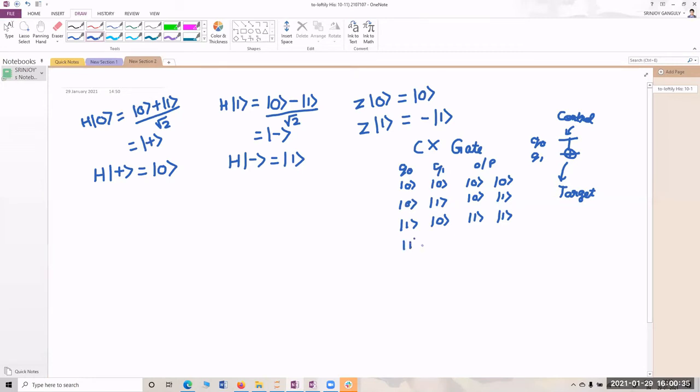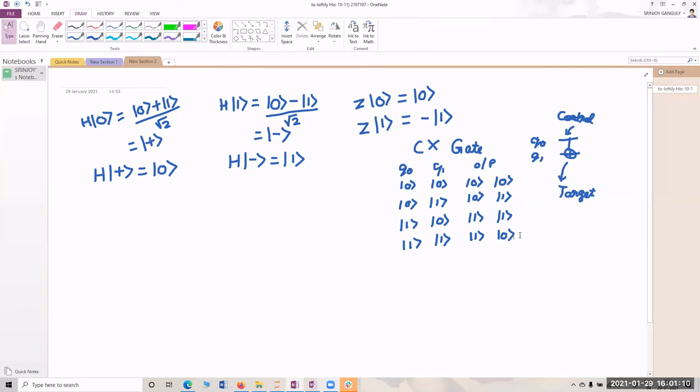First qubit 1, second qubit also in 1 state, but it will turn into 0 state because it's a CX gate, as we learned, with control and target, and the order matters. So this is the operation of the CX gate.